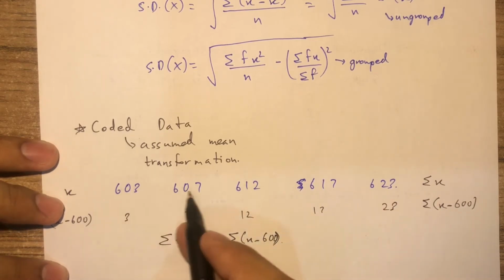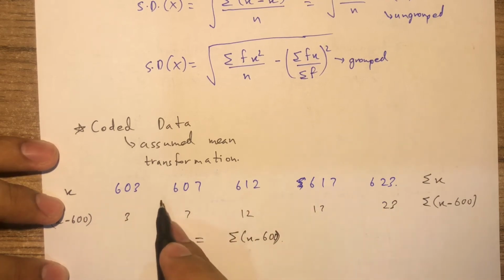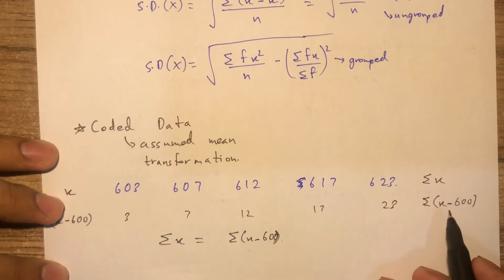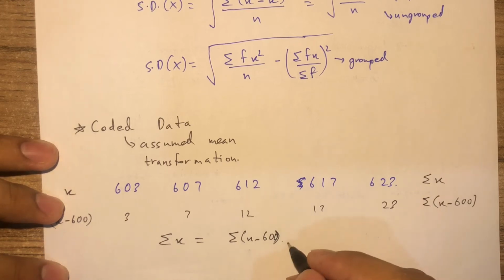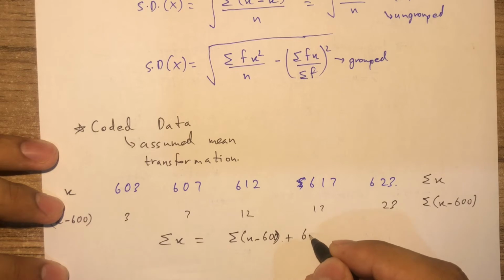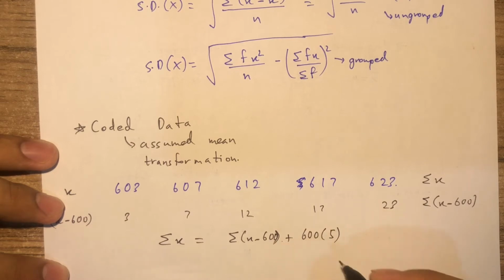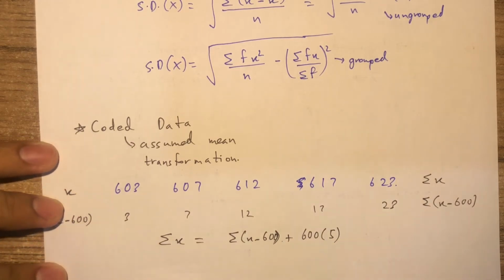So there were 1, 2, 3, 4, 5. We subtracted 600, 5 times. So to go from here to there, we'll add 600, 5 times to sigma x minus 600. So plus 600 times 5. This was for this specific data set.